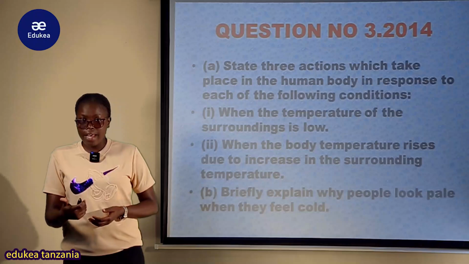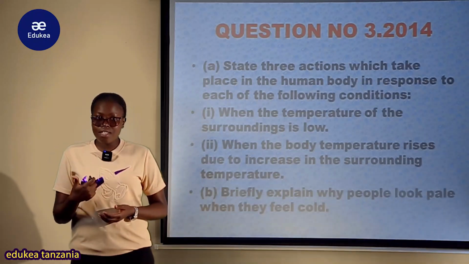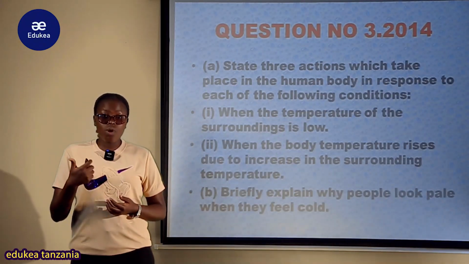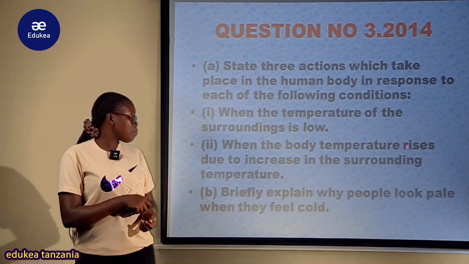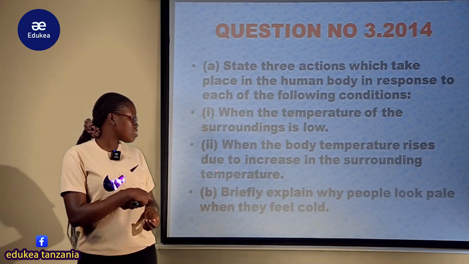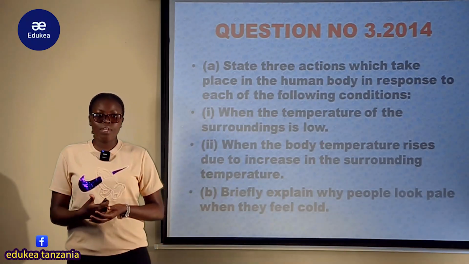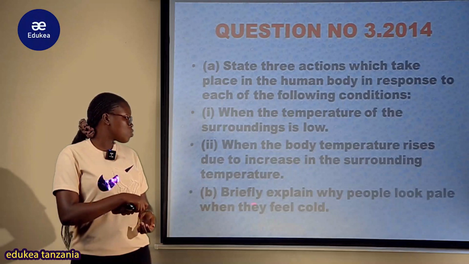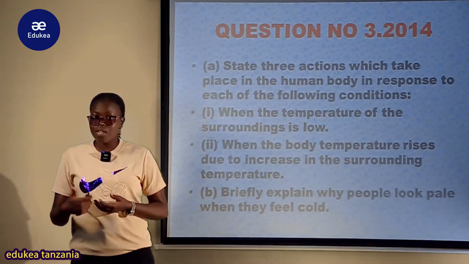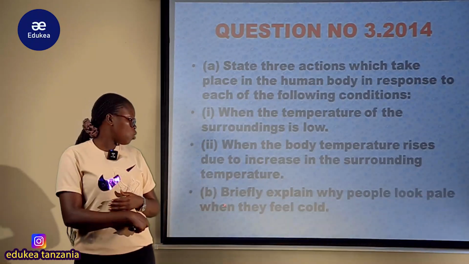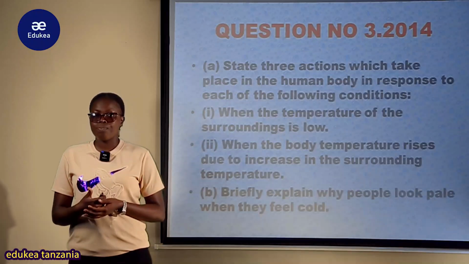For A Roman 2, state 3 actions which happen when the body temperature rises due to increase in the surrounding temperature. And the last one needs you to just explain briefly why people look pale when they feel cold.